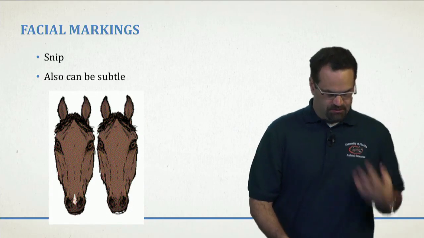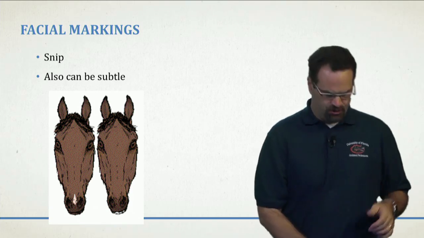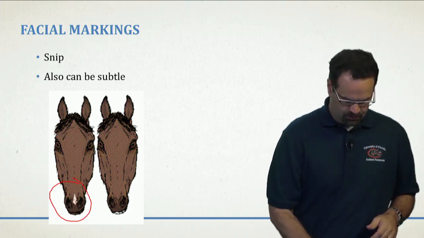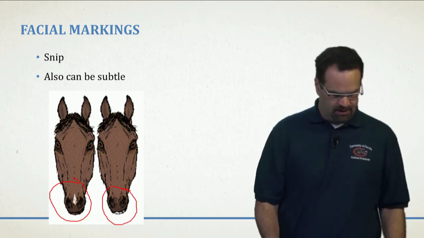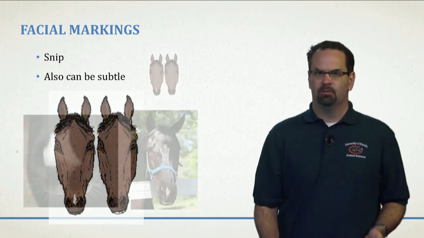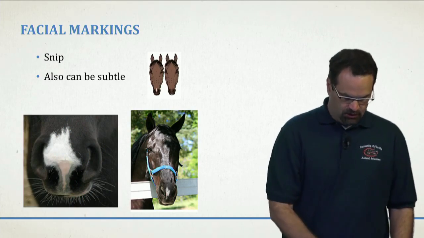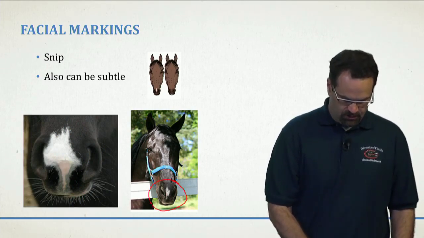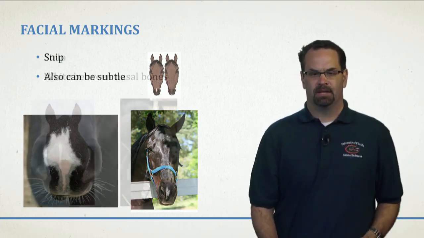Then we'll jump down to the lips of the horse, and this we call a snip. You can see here between the nasal bones and the upper lip of the horse, we call these snips. Again, they can be really bold or really subtle. Here too, you can see there are no more white markings on that. That's just snips on the horse, and that's what we call that.